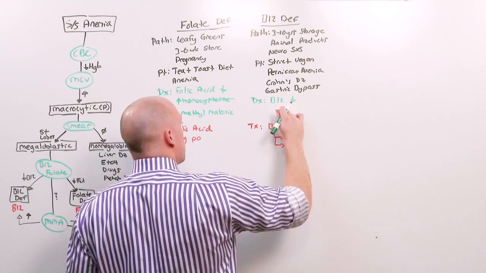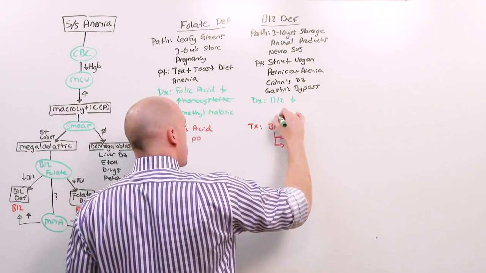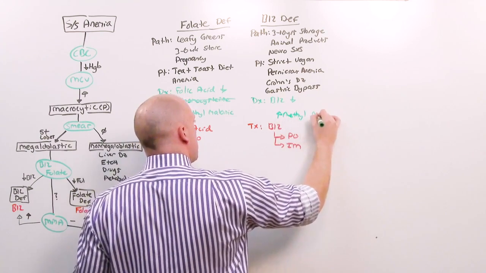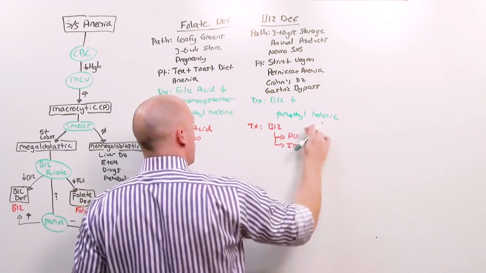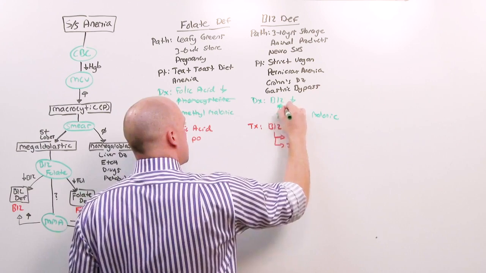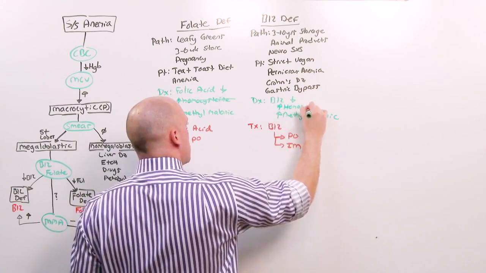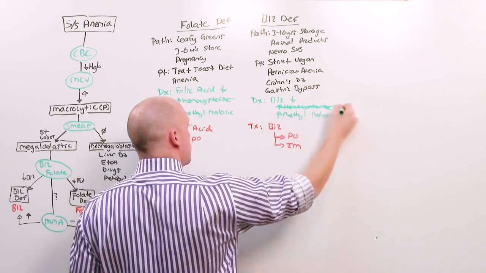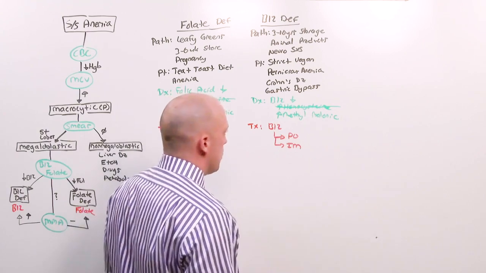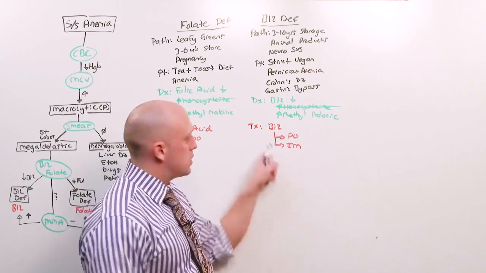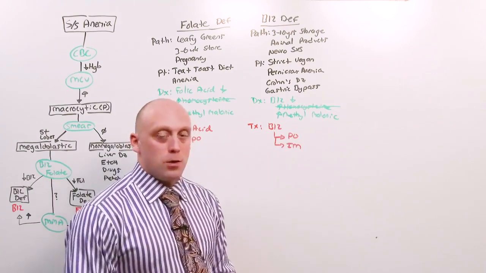If the B12 level is equivocal, you want to check a methylmalonic acid, because the methylmalonic acid will be elevated in B12 where it is not in folic acid deficiency. The homocysteine level is elevated in B12, but stop learning that because it's elevated in both B12 and folic acid deficiency. Okay, let's talk a little bit more about the disease states, the pathology, and how you decide if someone needs to get PO or IM.